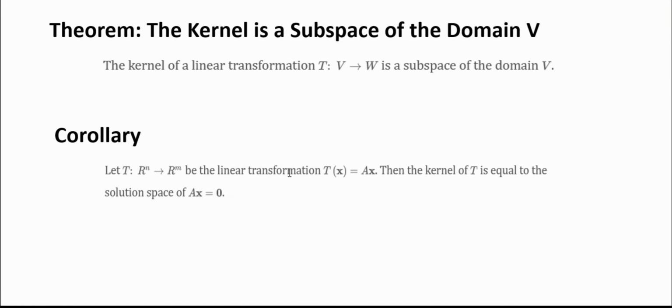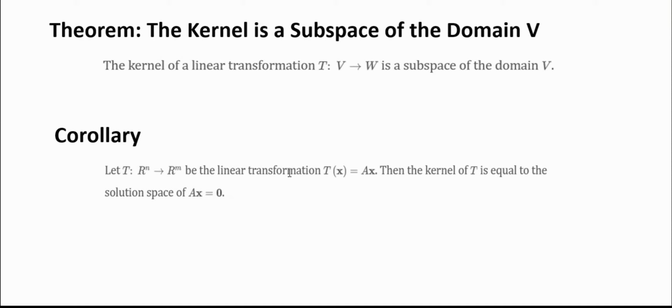Here, the kernel, that's the theorem for the kernel. The kernel of a linear transformation T is a subspace of the domain V, and I thought that was pretty good. The corollary, this idea that stems from the major theorem: let T be a transformation that maps vectors from Rn to Rm, be a linear transformation.